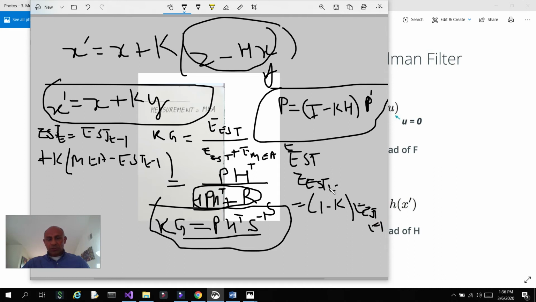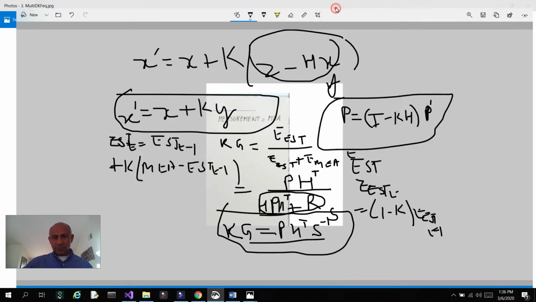So this corresponds to this, see, 1 is I, minus kh. So we have 3 equations for our update. I'm glad we got that, even though it wasn't very elegant. So now let's save this.